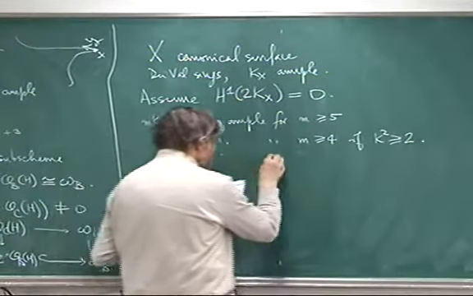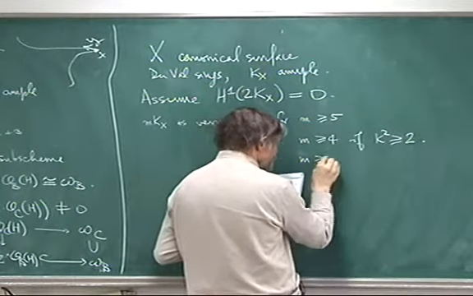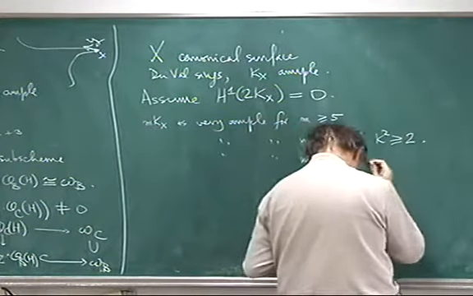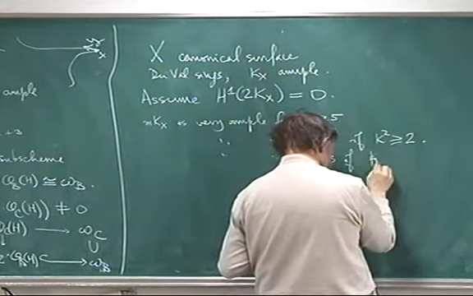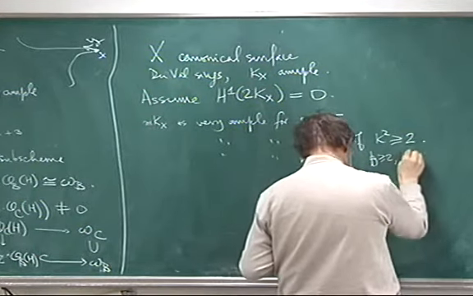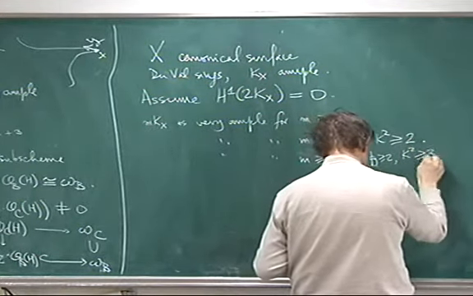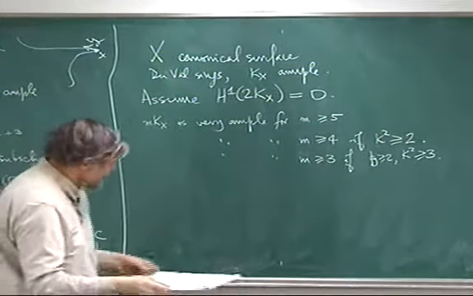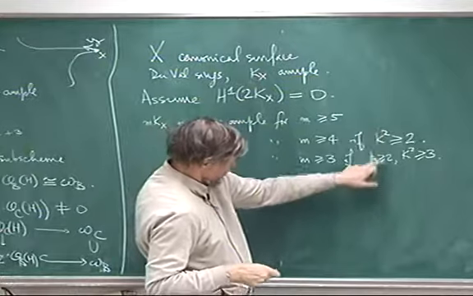It's also very ample for m greater than or equal to 3 if p_g is greater than 2 and K squared is greater than or equal to 3. So these are pretty weak conditions, right?